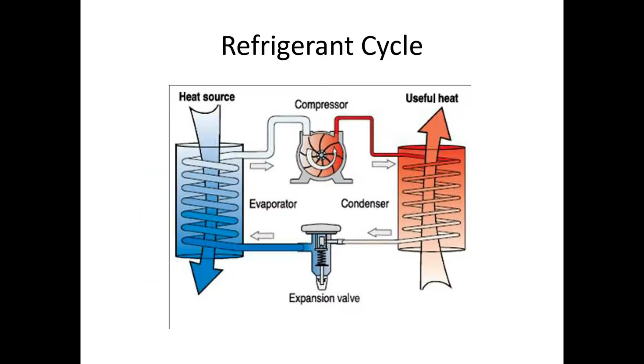All right, this is a diagram of what's going on inside an air conditioner. It's extremely complicated, and I'll try to condense it here. So basically, you have the outside condensing unit, right? And it's got a fan. It's blowing hot air out of the top of it.